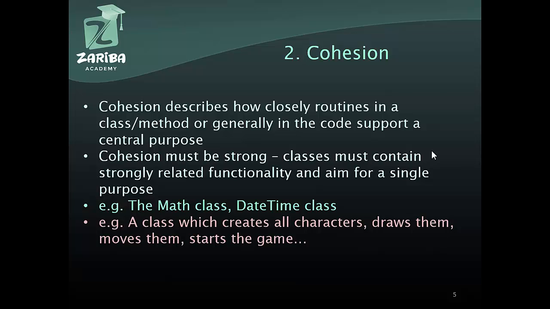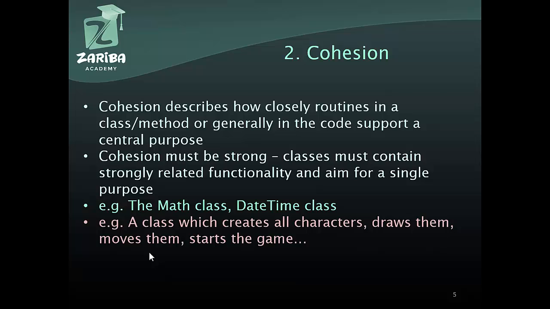If you have a method, it has to do one specific thing. It's not good if you have a class or a method which creates all of the characters, then draws them, then moves them around, starts the game, and so on, or a method that saves files, prints files, and so on. This is bad.